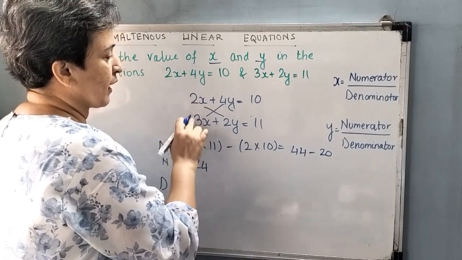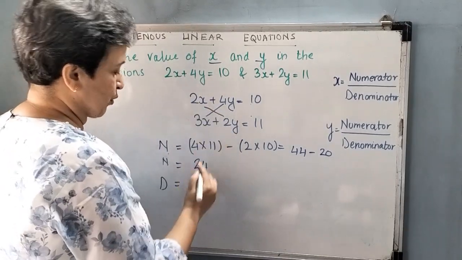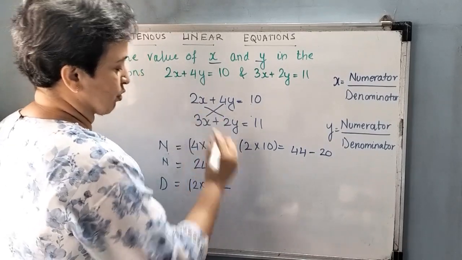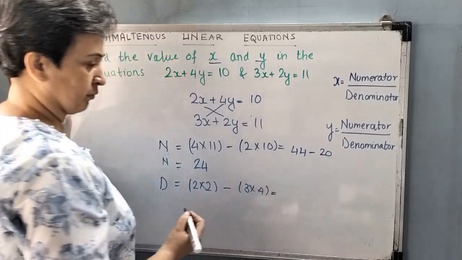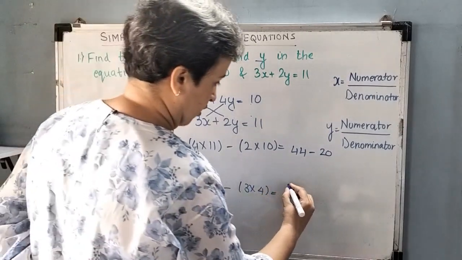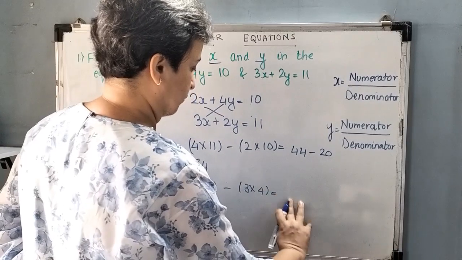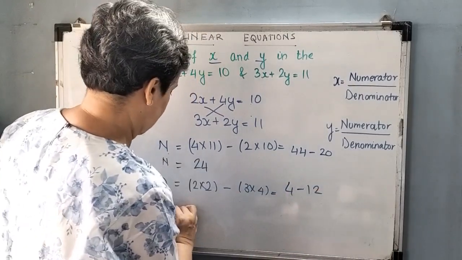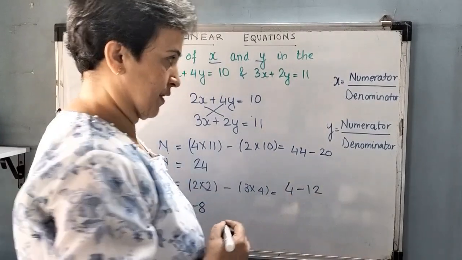The numbers 2, 3, 4, 2 are called the coefficients. So 2 into 2 minus 3 into 4. 2 2s give me 4, minus 12. So the denominator, 4 minus 12, gives me minus 8.